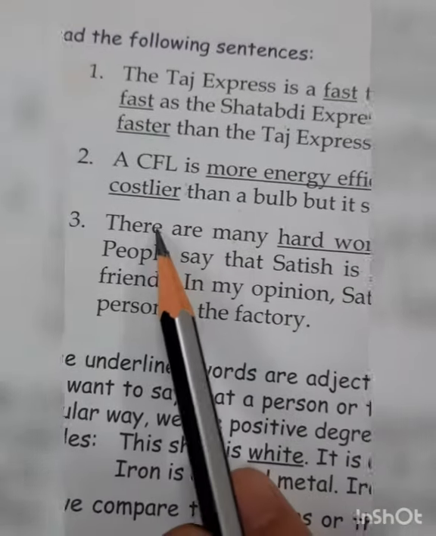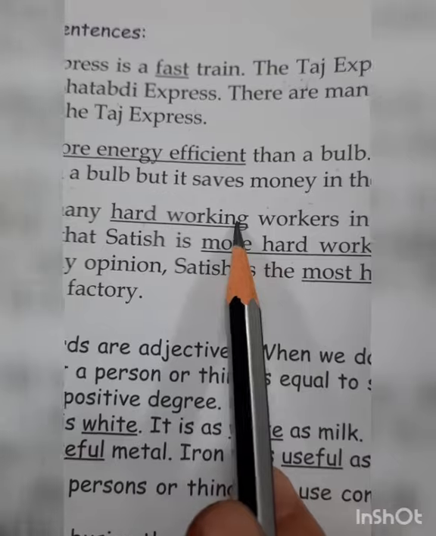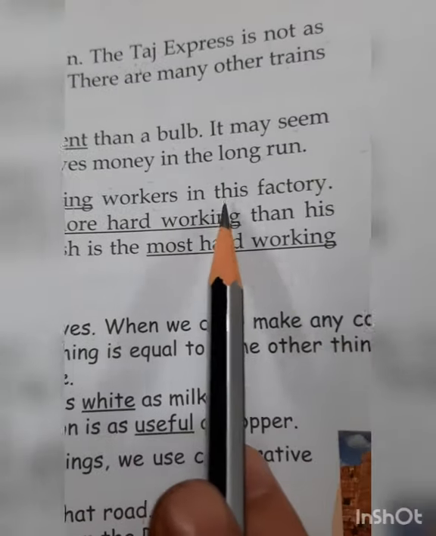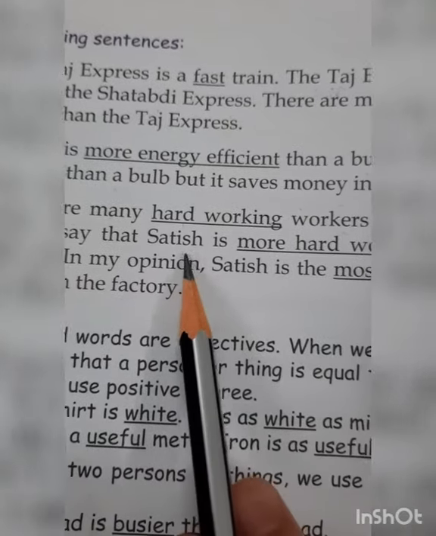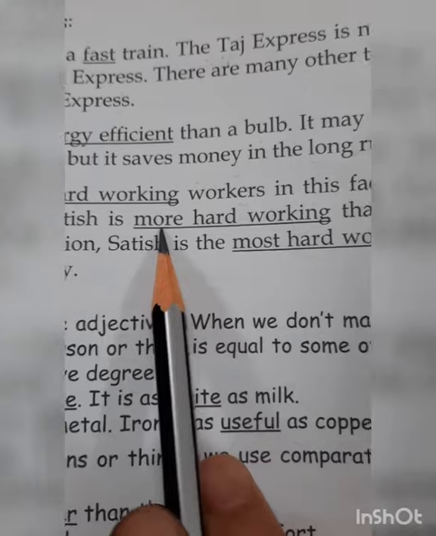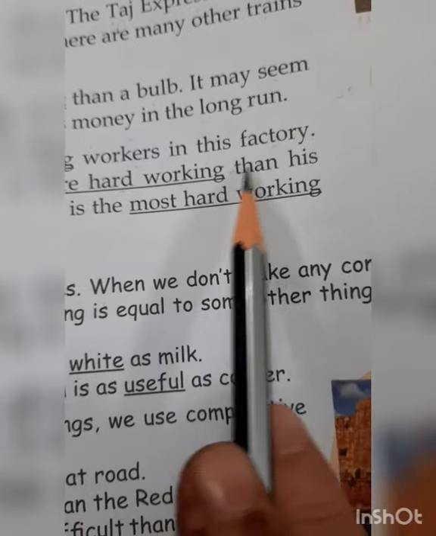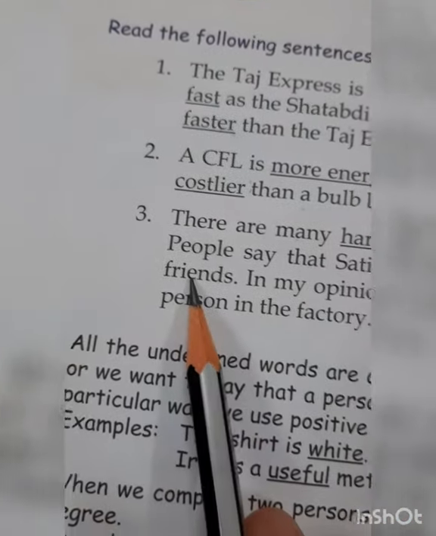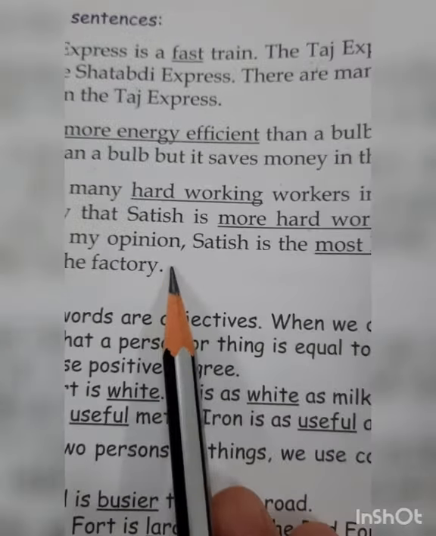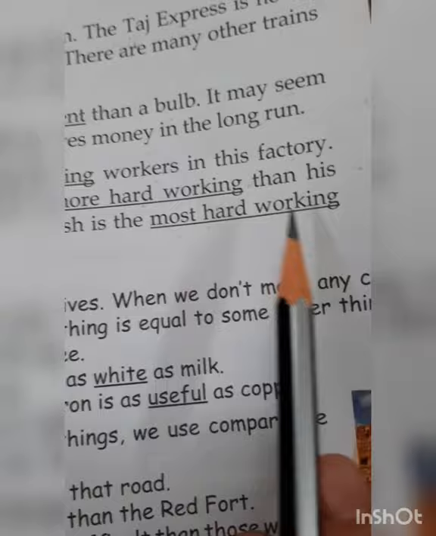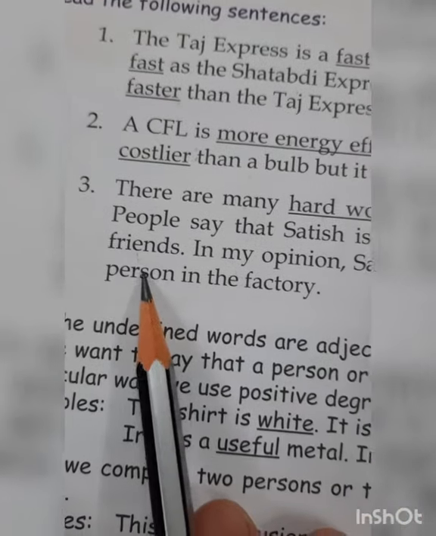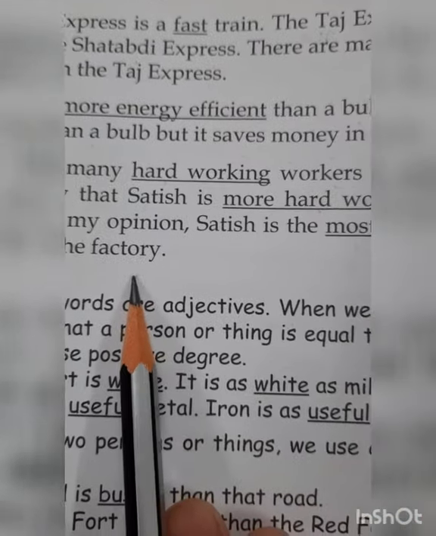Third, there are many hard-working workers in this factory. People say that Satish is more hard-working than his friends. In my opinion, Satish is the most hard-working person in the factory.